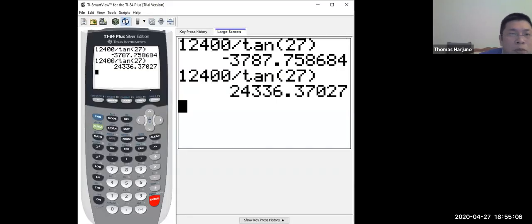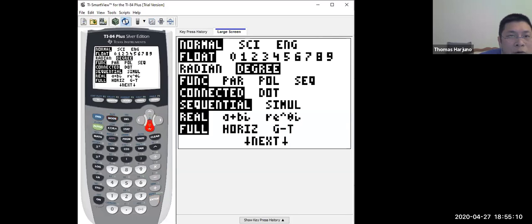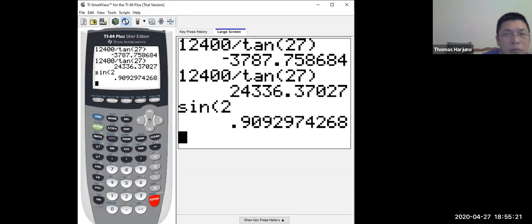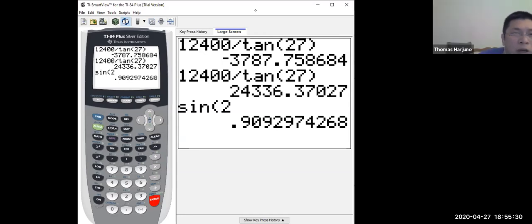I need to first go to my mode and change it to radian. Now then I compute sine 2. Like that. Instead of converting that radian into degree and then applying the sine from degree, no need.